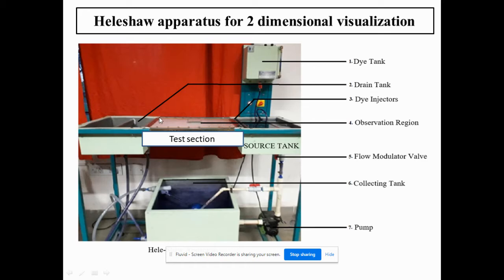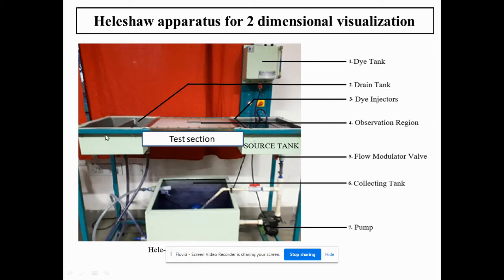The flow past this will be understood, and we look from the top view, and then when the flow goes out of the test section, it will be collected by the drain tank. There are two drain tanks, because if you go with a higher notch number, the flow rate will be larger. In those cases, we have to have a larger amount of collecting capacity.